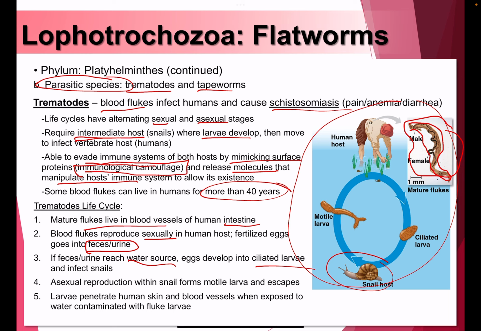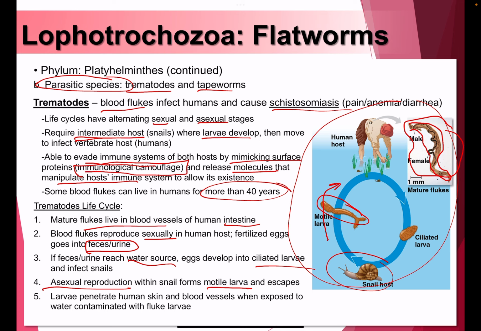Inside the snails, those larvae will conduct asexual reproduction and form into motile larvae. Those eggs hatch within the snail, start dividing by asexual reproduction, and then they hatch out of the snails as larvae that can now swim around. These larvae will then swim around in the lake looking for their final host, which could be a human.